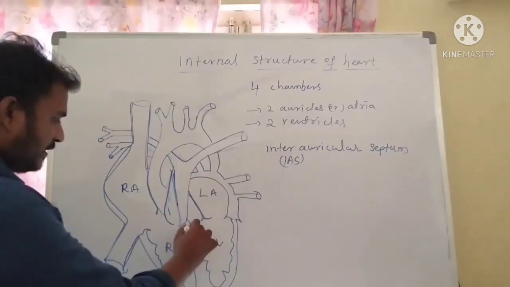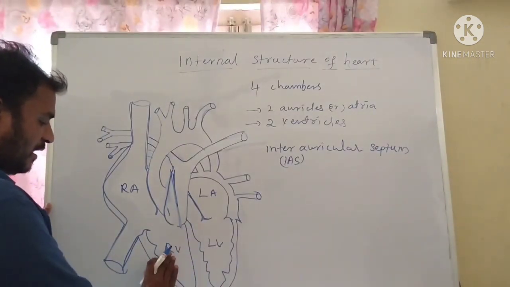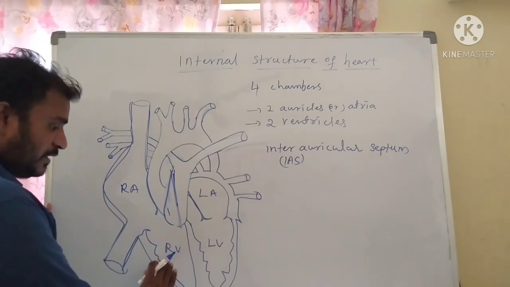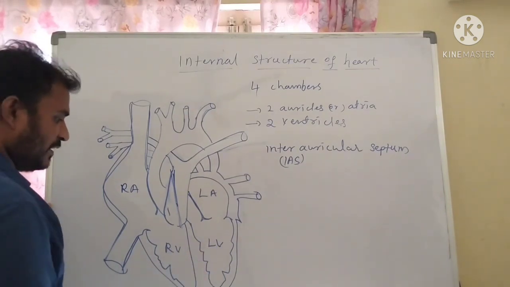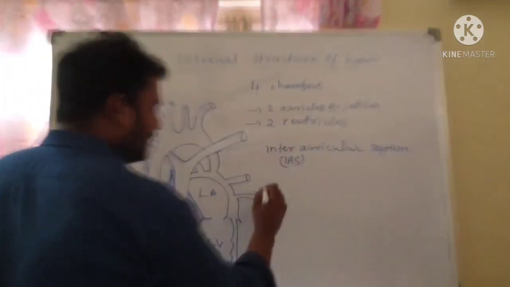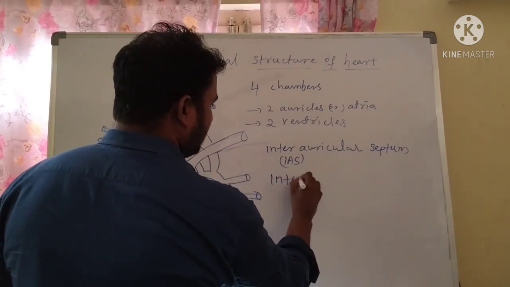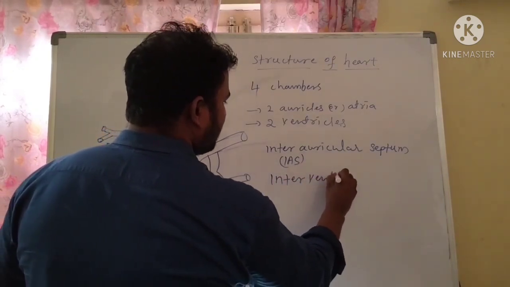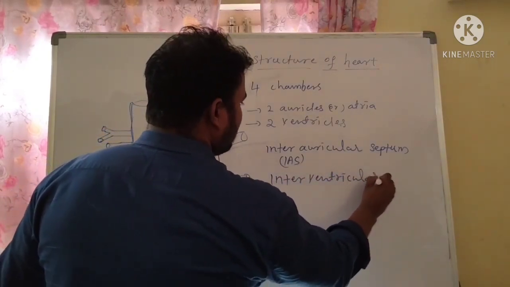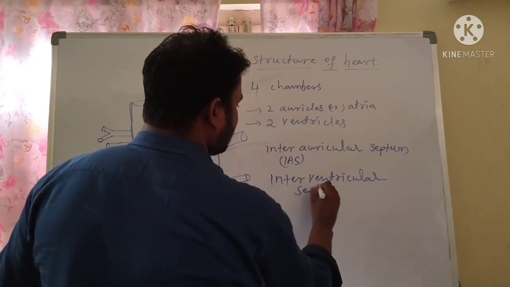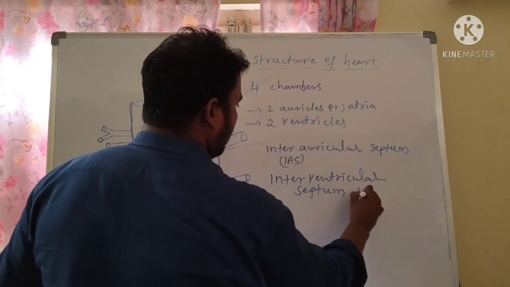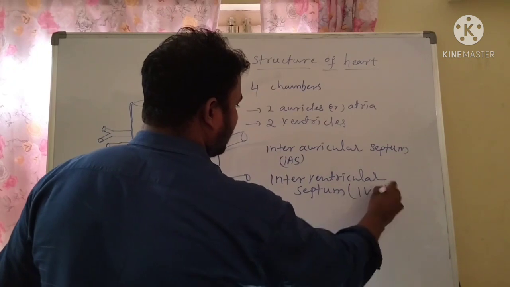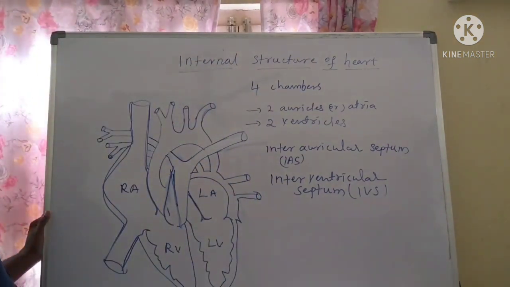Like that, the septum present between both the ventricles is called the interventricular septum, or IVS.